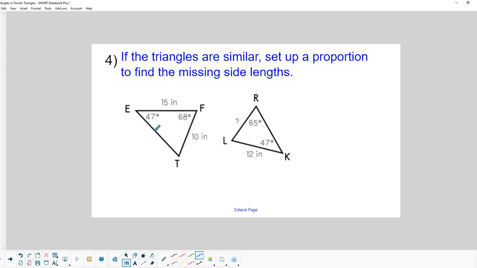So if we look at these, we've got 68, 47 degrees, and 47 degrees, and 65 and 47 degrees. So we need to subtract these two angles from 180 and see if they equal 65 degrees. 180 minus 47 minus 68.